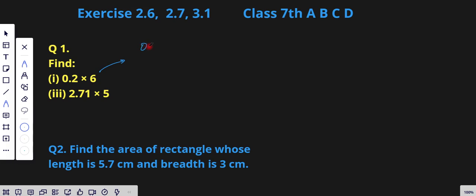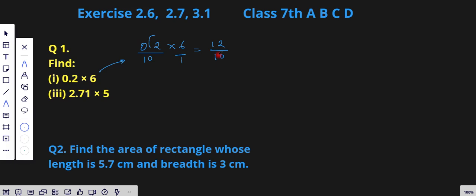So 0.2 can be written as 2 multiplied by 6. So I can remove this decimal and put 10 in the denominator, right? Now you have 6 twos are 12 in the numerator, and in the denominator you have 10.